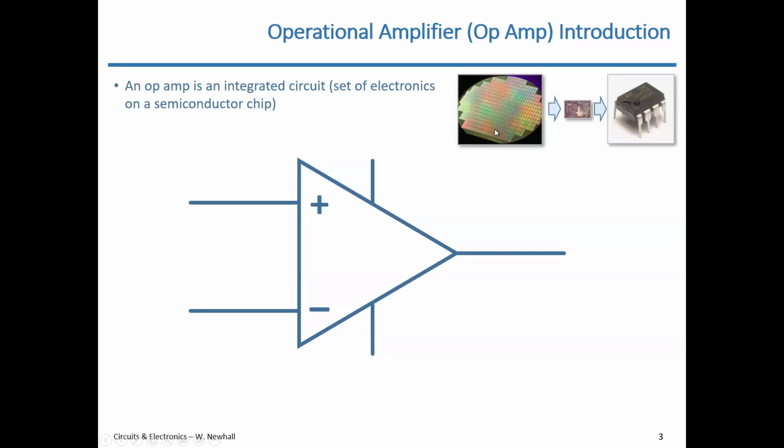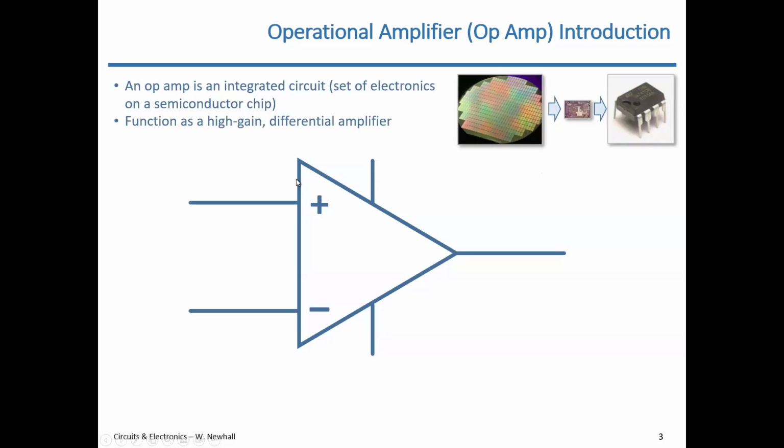Semiconductor chips start their life as wafers. You have a wafer, and those wafers are cut up into die. By the time you see these in your breadboard circuits, those die are packaged and wire bonded to the leads of a plastic package like this. So this is what a typical 8-pin op amp dual inline pin package looks like.